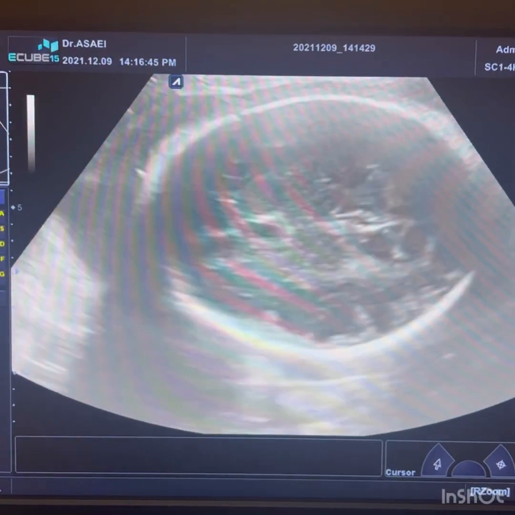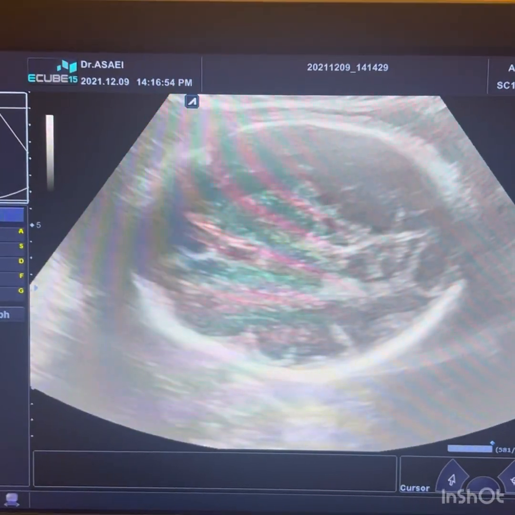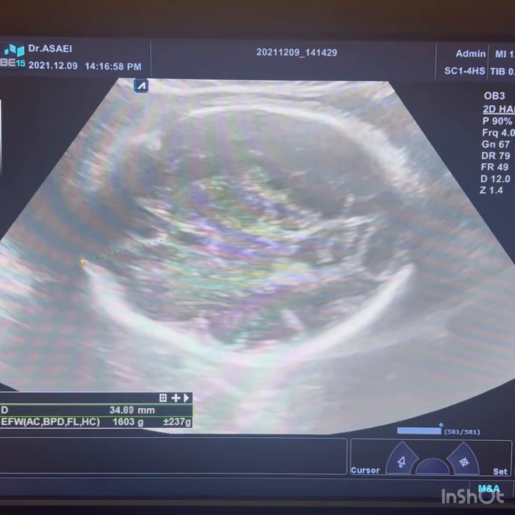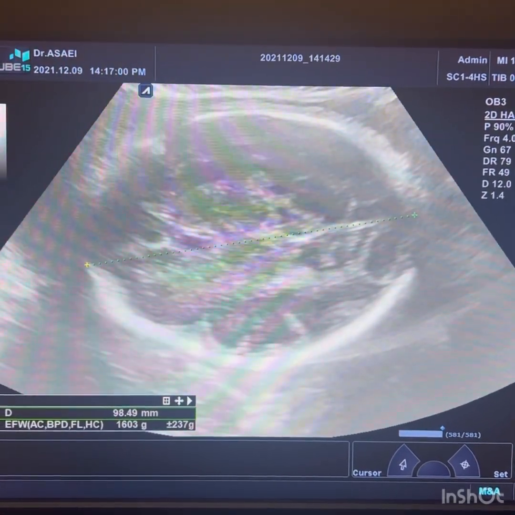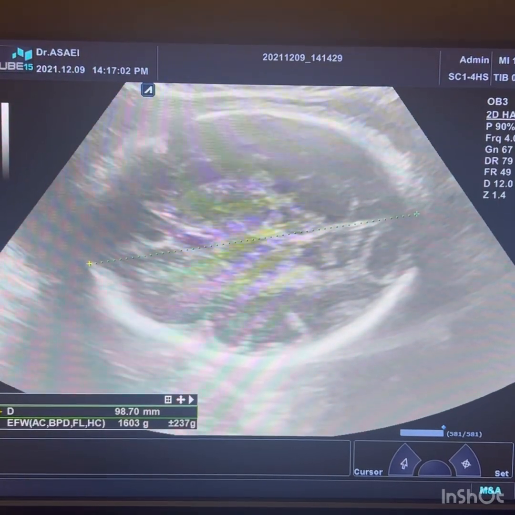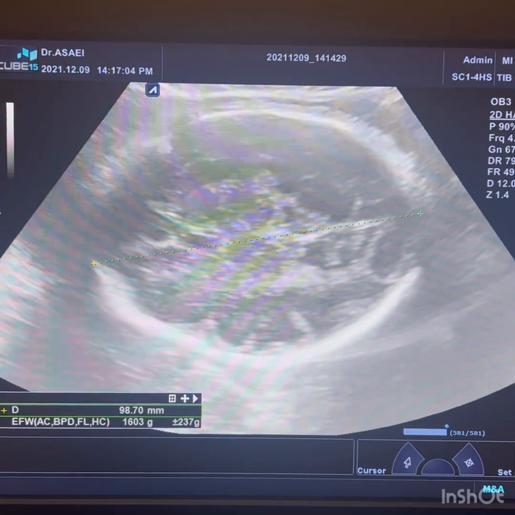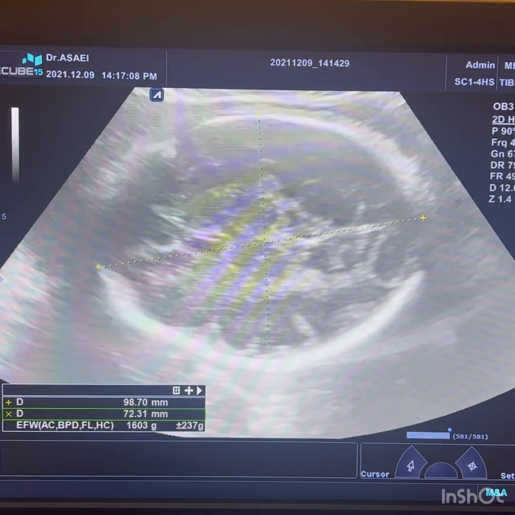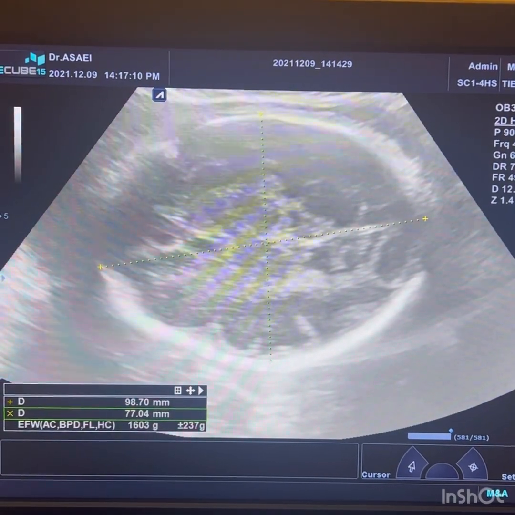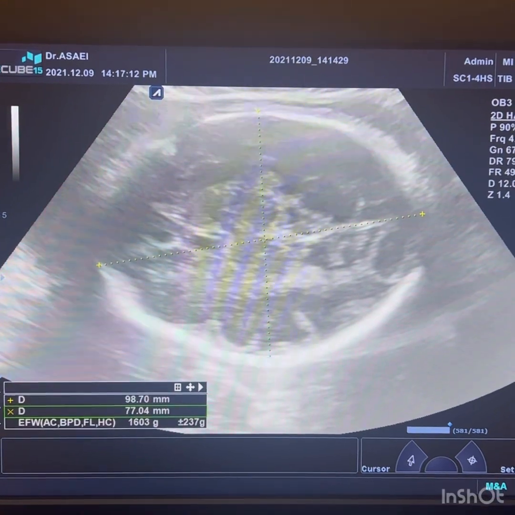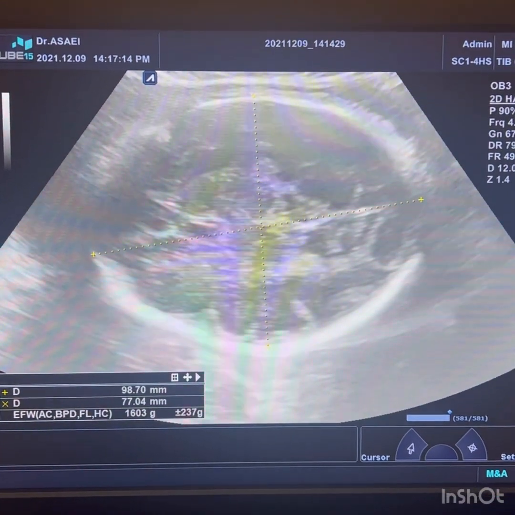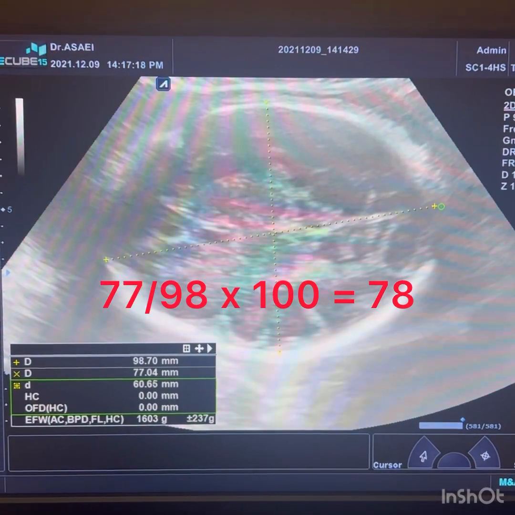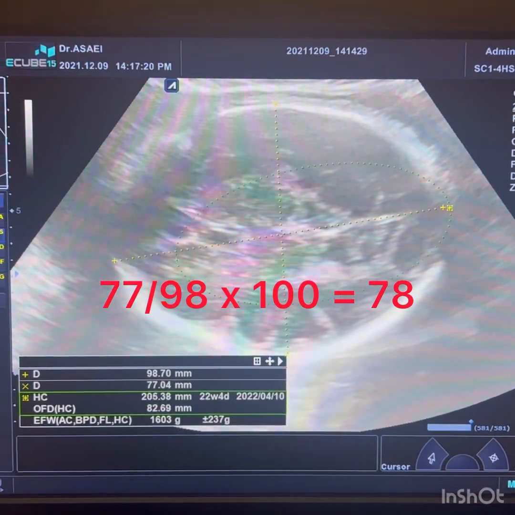see the thalami. So in this normal fetus, if we calculate the cephalic index, the occipitofrontal diameter is about 98 millimeters and the biparietal diameter is about 77 millimeters, and the cephalic index would be 78, which is in the normal range.